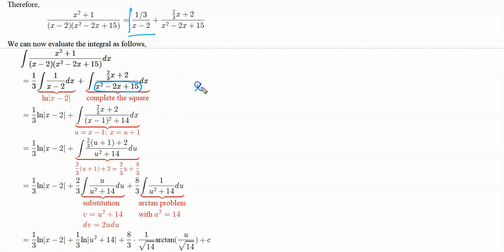Just to verify that quickly, when you complete the square, you take the -2, divide it by 2, and square it, add it in, subtract it back out. And remember, what you're going to put in here is b over 2 squared.